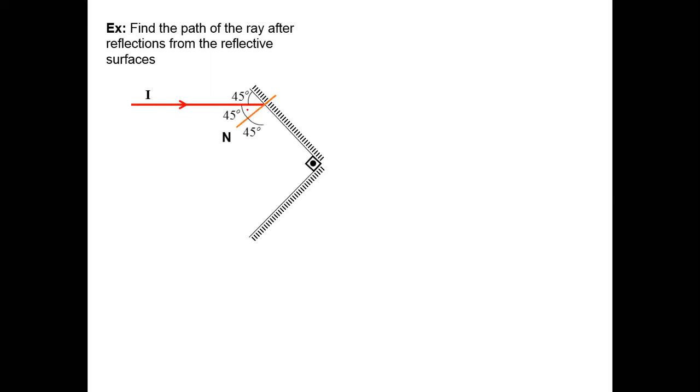If it's coming at 45 degrees, then the reflected ray will be reflected at 45 degrees. Again, it is going to come to this surface at 45 degrees. Again, you put the normal over here, and then it is reflected at 45 degrees. So the light ray is going to be reflected like this on these two surfaces. The angle of incidence and angle of reflection are going to be the same.